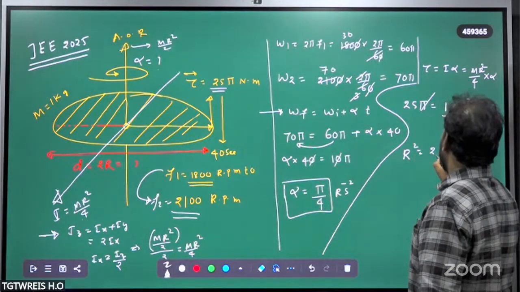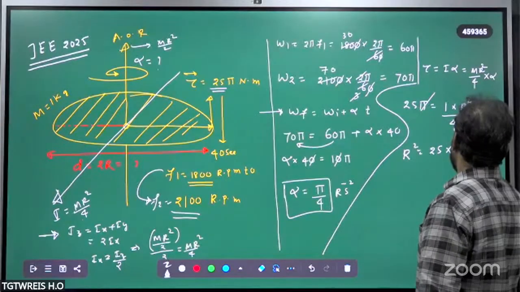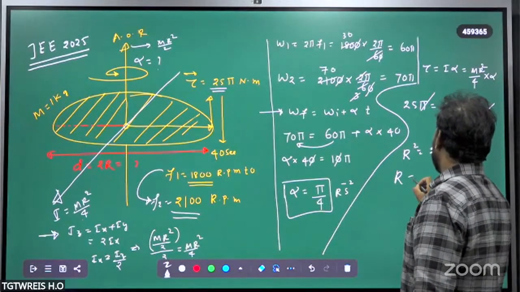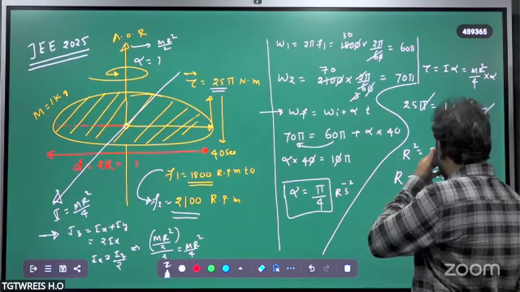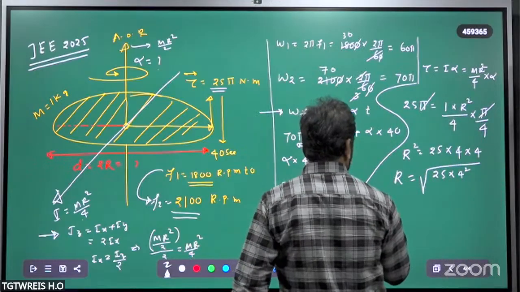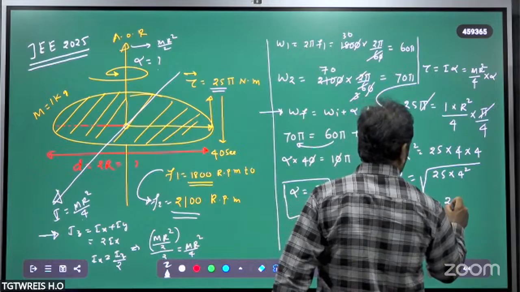R square is equal to 25 into 4 into 4. Or R is equal to root over 25 into 4 square, that is 5 into 4, so R is equal to 20 meters.